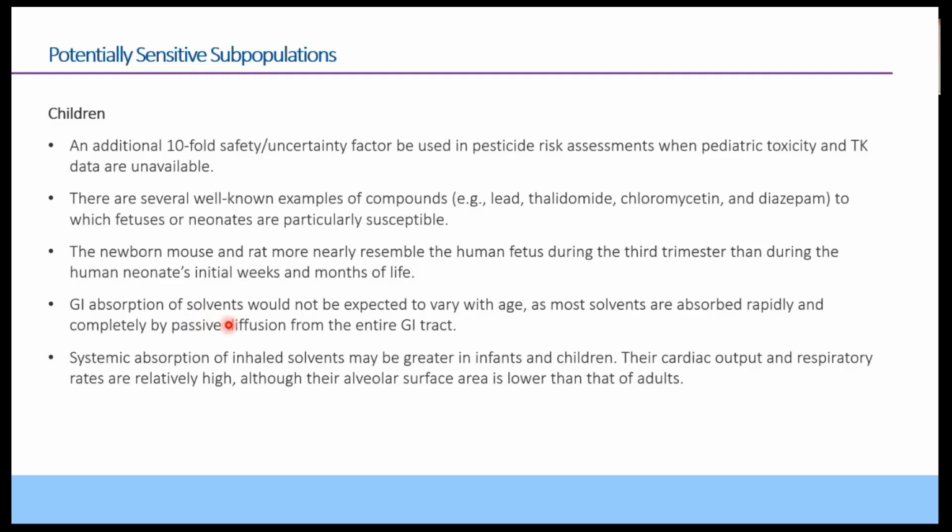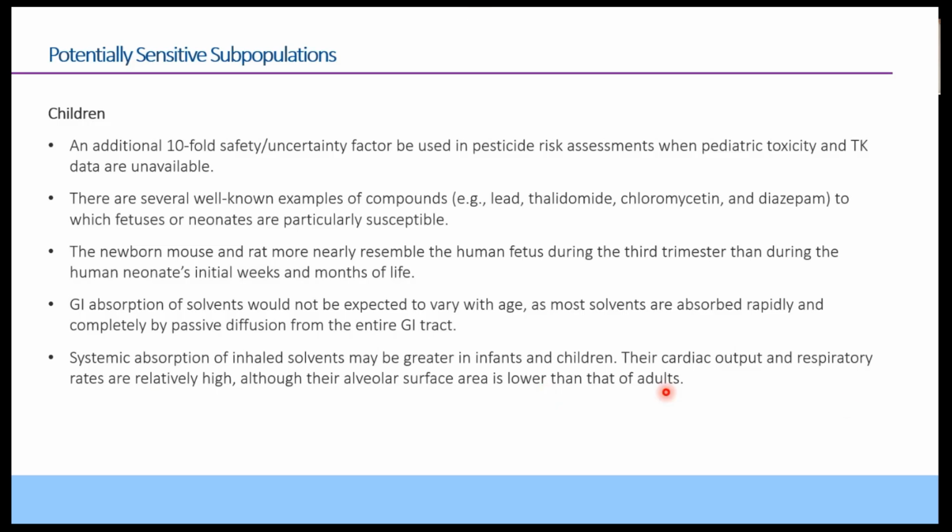Then GI absorption of solvents would not be expected to vary with age, as most solvents are absorbed rapidly and completely by passive diffusion from the entire GI tract. Systemic absorption of inhaled solvents may be greater in infants and children. Their cardiac output and respiratory rates are relatively high, although their alveolar surface area is lower than that of adults.